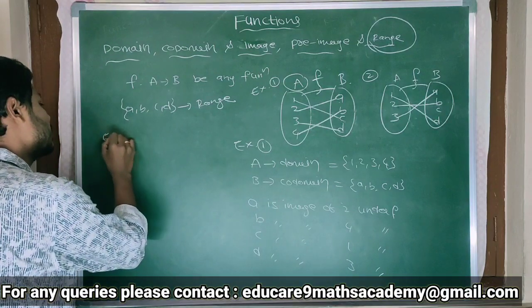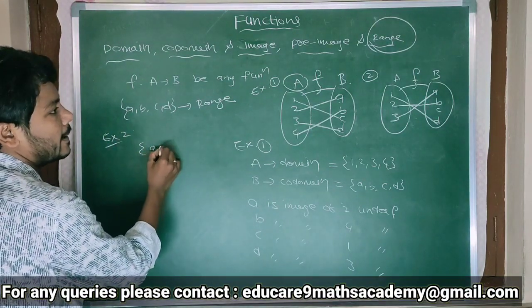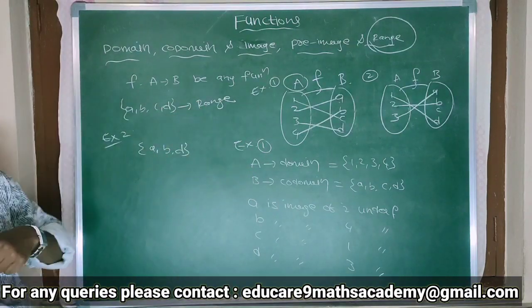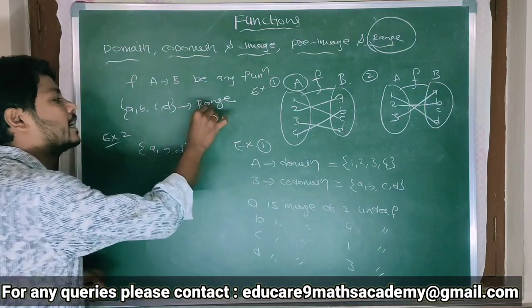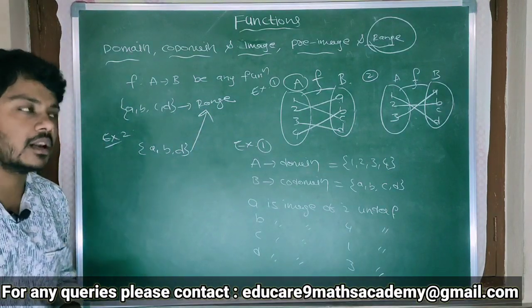So in example 2, A, B, D is the set of all images. So this is called the range. So that is the definition of the range.